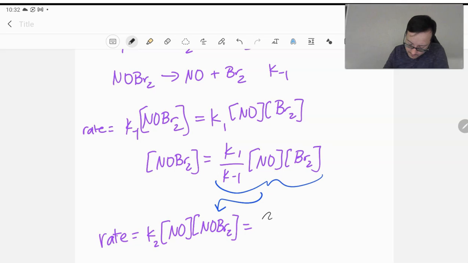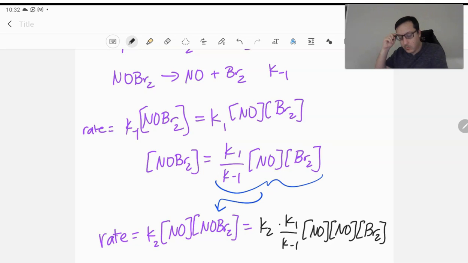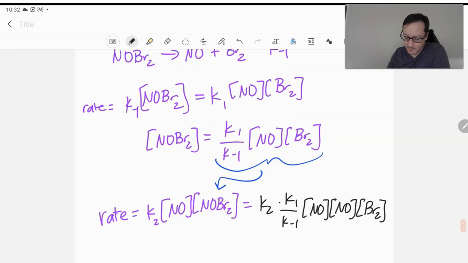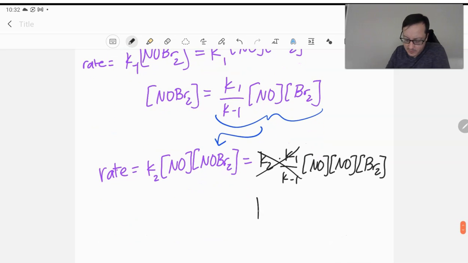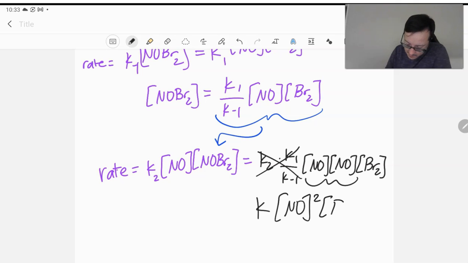We get the following: k2 times k1 over k−1 times the original [NO] times [NO][Br2]. And if we combine them, we can get rid of all this and just put a new k. Because remember, it's just a rate constant. We don't actually need that for describing the rate law. And if we combine these two, that's [NO]²[Br2].